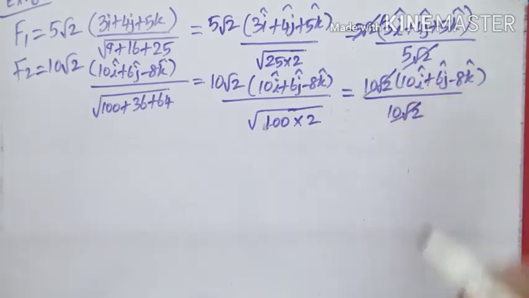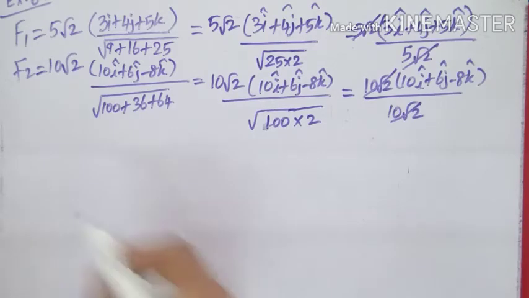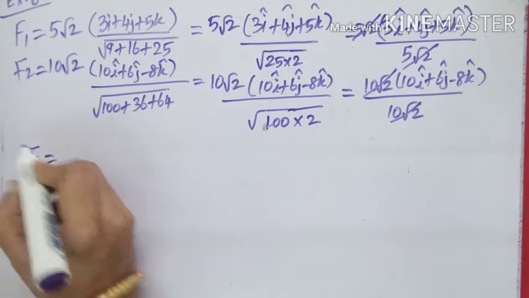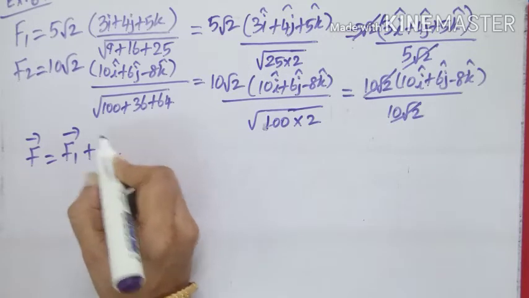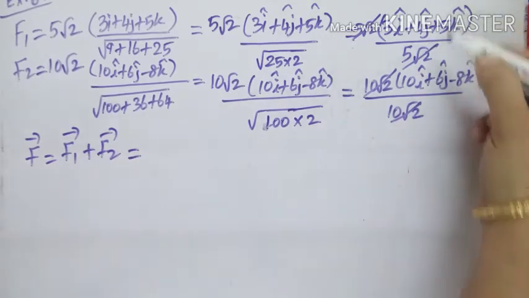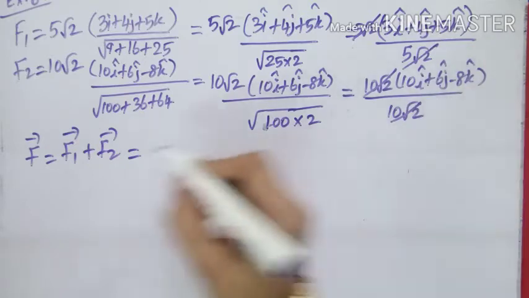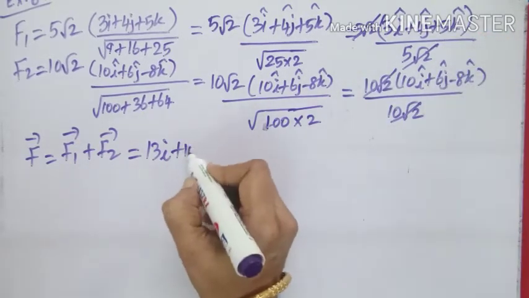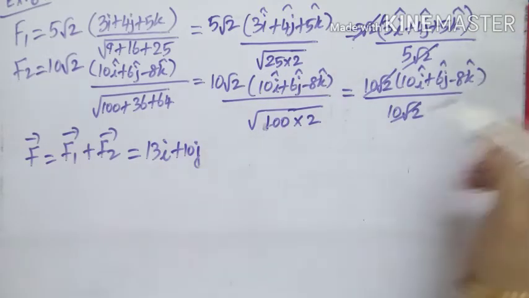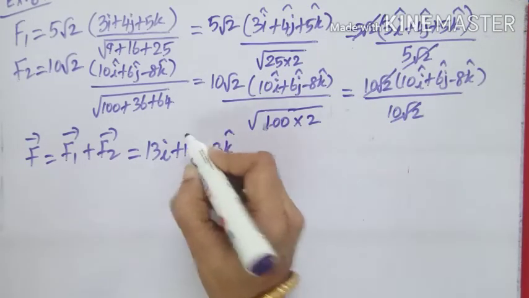So 10 root 2 gets cancelled. So we are left with F. What is the formula for F? It is F1 plus F2. Let us add the two. 3i plus 10i, 13i, 4j plus 6j, 10j, 5k minus 8k, minus 3k.